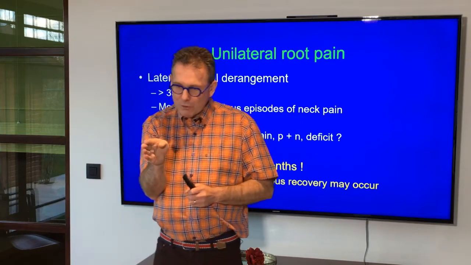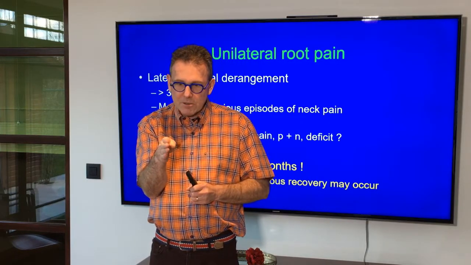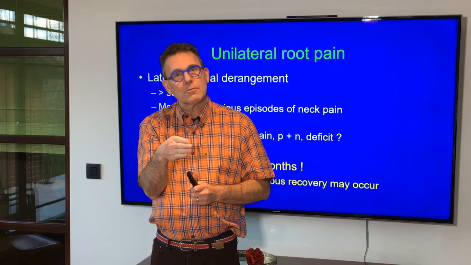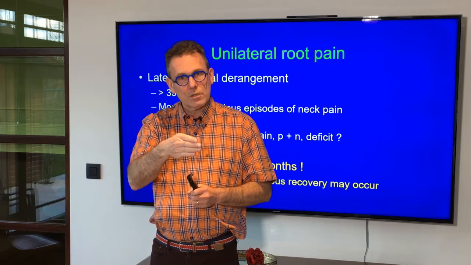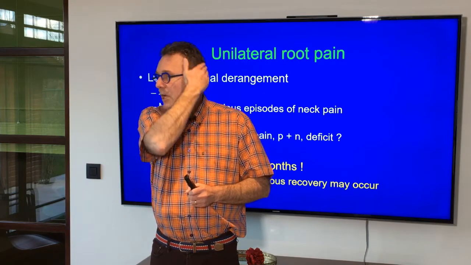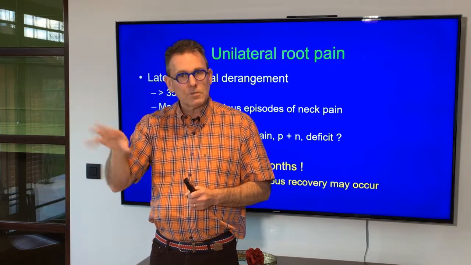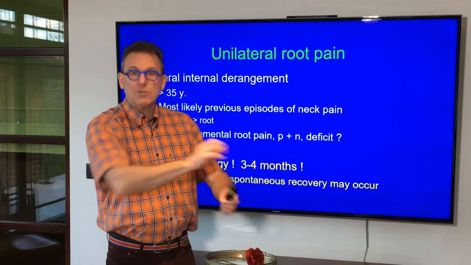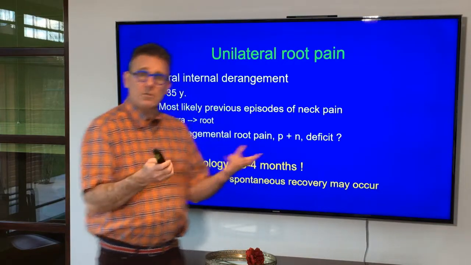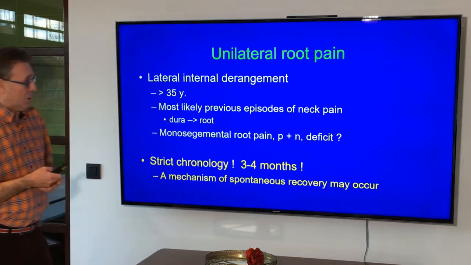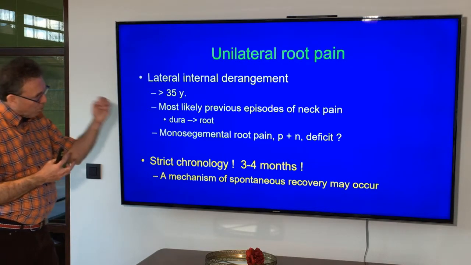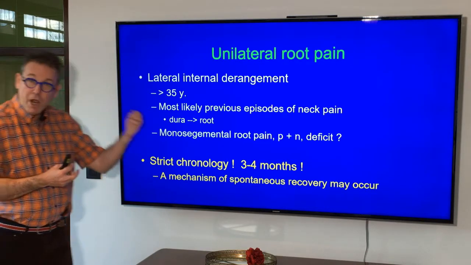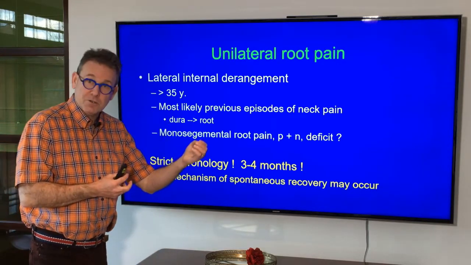At a certain moment the protrusion is migrating, shifting more in a lateral direction. No more contact against dura, but more contact against the nerve root. So this neck-shoulder pain disappears, and instead he gets some arm pain. So that's a pretty obvious story. So you expect monosegmental root pain, perhaps paresthesia, perhaps deficit.